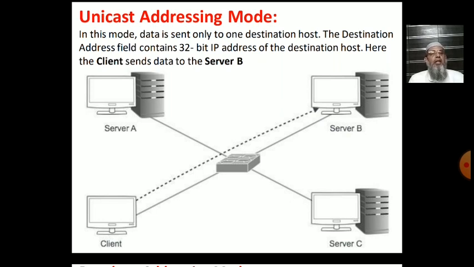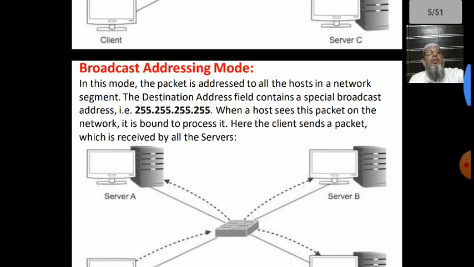Every packet framed to be sent on the computer network or on the internet contains the logical IP address of both communicating nodes. In this case, the client is sending information to server B, but not communicating with server A and server C.